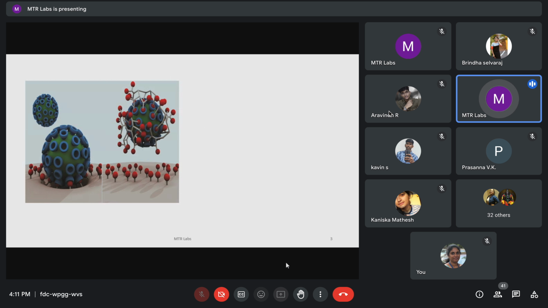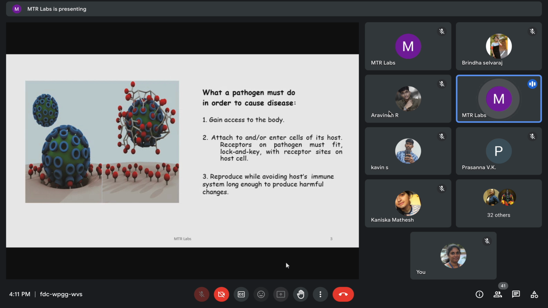So how does the pathogen enter the host or affect the host? It should first gain access to the body. Anything to enter should have access to enter into the body. The pathogen gets access by attaching to the receptors present on the host cell.